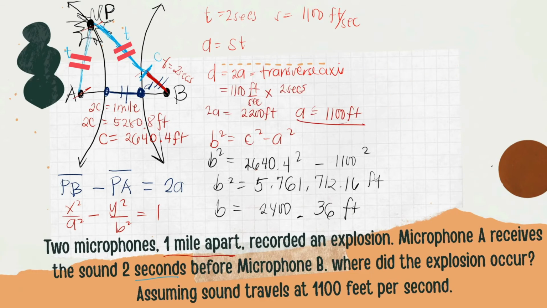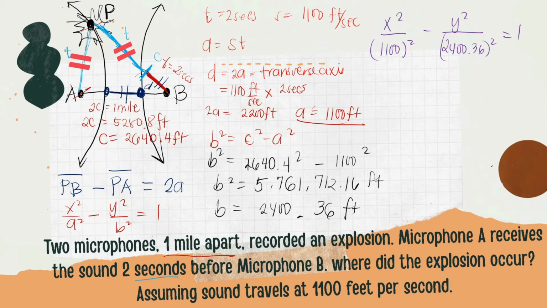So, B is equivalent to 2,400.36 feet. And then, kung isusulat natin yung standard equation ng hyperbola, so x squared over yung a squared, so that is 1,100 squared minus y squared over 2,400.36 squared is equal to 1.